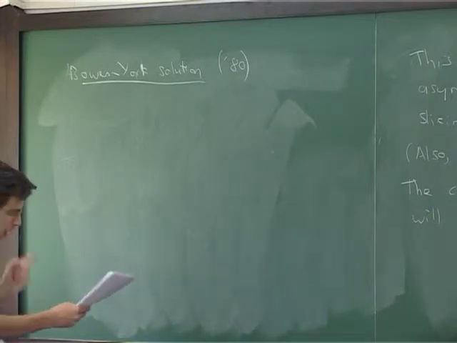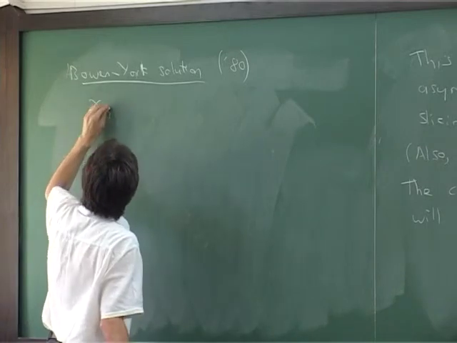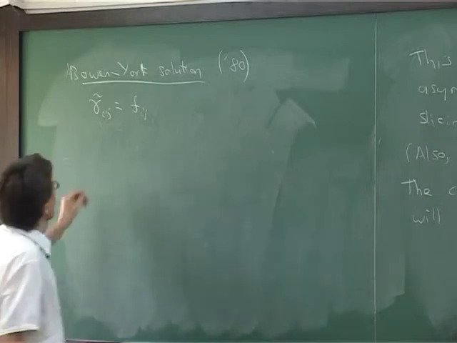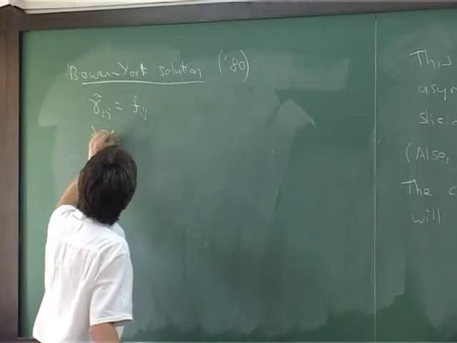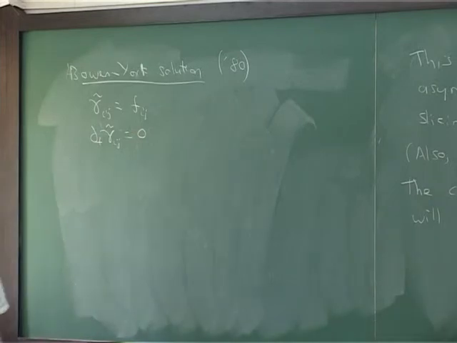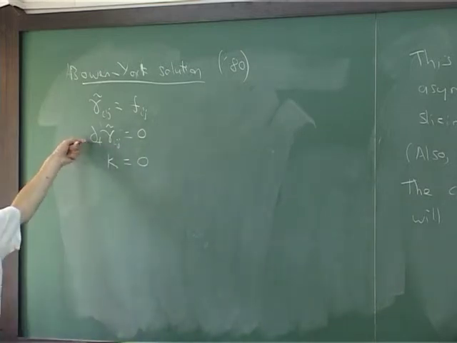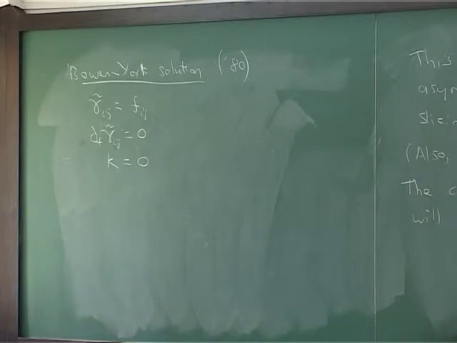What they did was, as our favorite assumption, it's conformally flat. At least at the initial slice. This is not some statement about the global solution. This is just on this slice. And trace k is 0. These are our conditions, and then we get the Bowen-York solution to the momentum constraint.